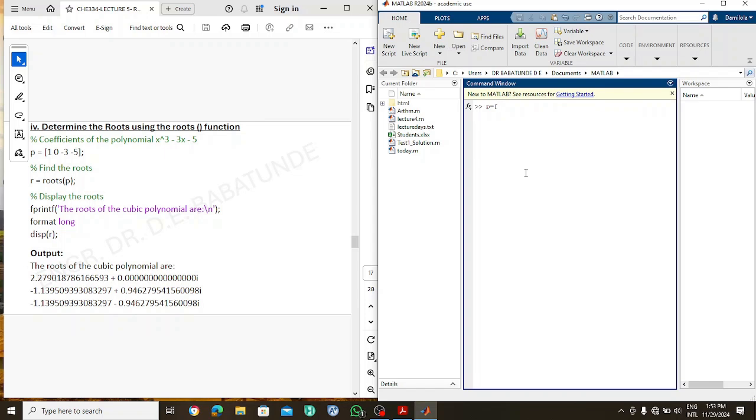So we start with the highest power in that polynomial. What's the highest power in this polynomial? The highest power is 3. So what's the coefficient of that highest power here? 1. So that means 1 comes first. So the highest order is 3, and we move to the next power. What's the next power? What's the coefficient of power 2 in this? Is what? 0.